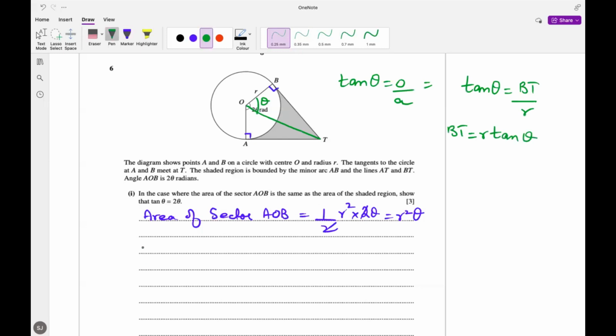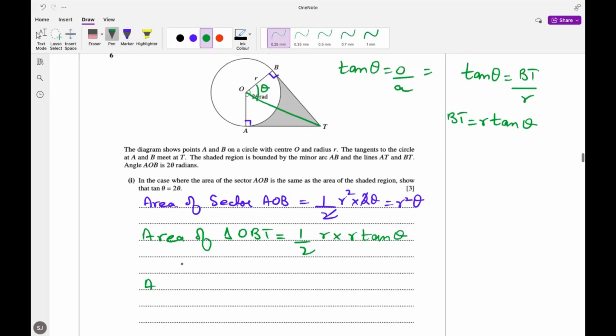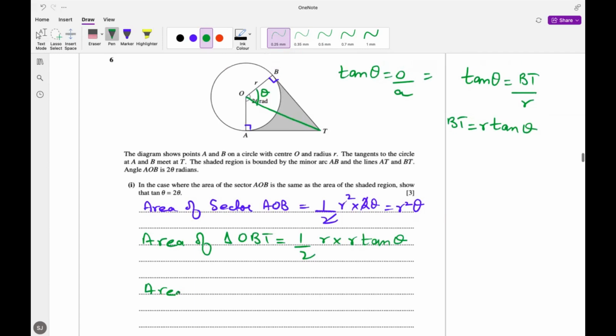So the area of triangle OBT will be equal to half into r into r tan theta. And then the area of the small sector will be equal to half r squared theta.